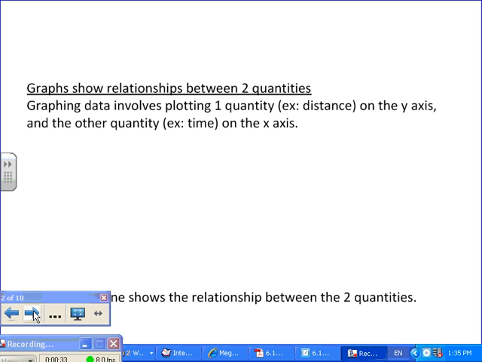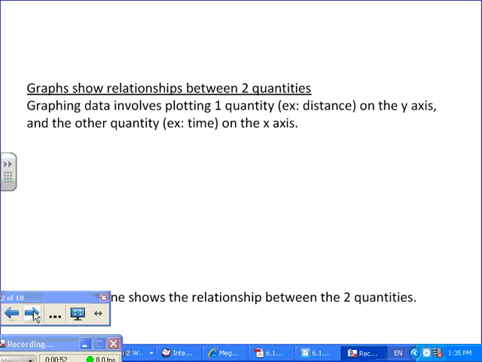So first of all, a graph shows a relationship usually between two different quantities, but a graph is showing a relationship, or it's showing a story, if you like, telling you what's going on for each quantity that is shown on the graph.